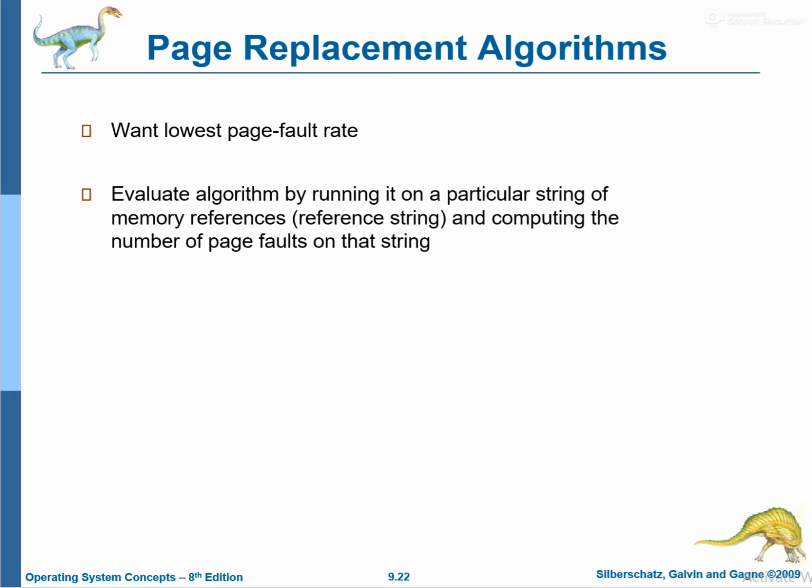Okay, so when we are using demand paging, we have to solve two major problems. One is a frame allocation algorithm, and the other one is a page replacement algorithm. Frame allocation algorithm means that if we have multiple processes in memory, we must decide how many frames to allocate to each process.